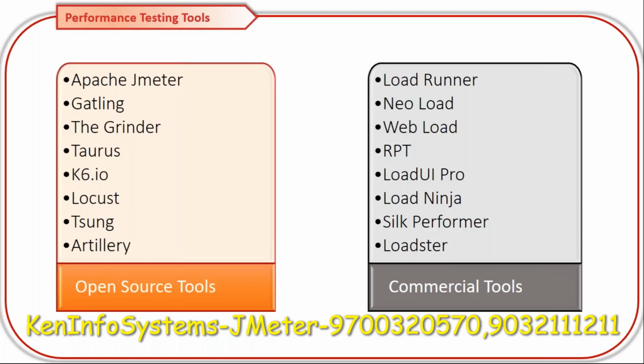I can say more than 50% of the market is occupied by Apache JMeter in both open source and commercial tools. Even earlier, all the big companies or MNCs preferred commercial tools, but in the last couple of years most of the companies migrated from commercial tools to open source tools.